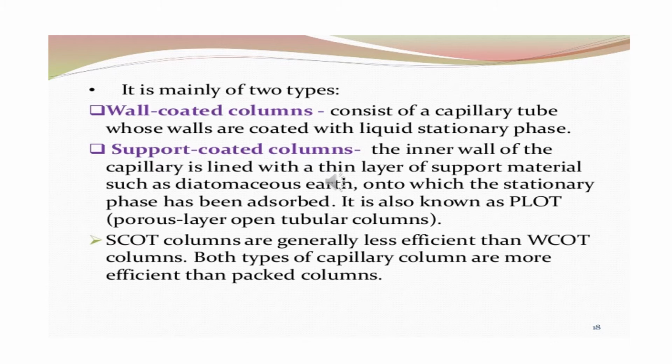It is also known as PLOT, that is porous layer open tubular column. SCOT columns are generally less efficient than wall-coated open tubular columns. Both types of capillary column are more efficient than packed column.